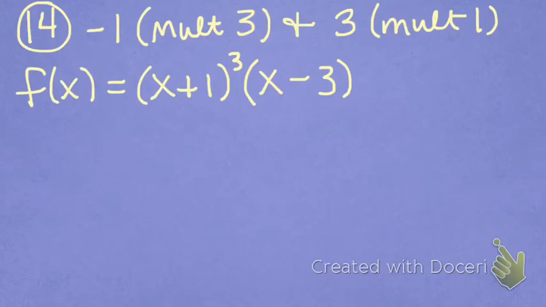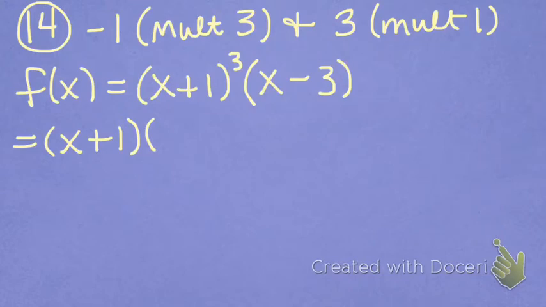Well, then we've got to write it in standard form, means we've got to expand it. So let's start with that x plus 1 cubed, and we'll have an x plus 1 we pull out to the side, and then we are going to take advantage of the fact that we know our patterns here.